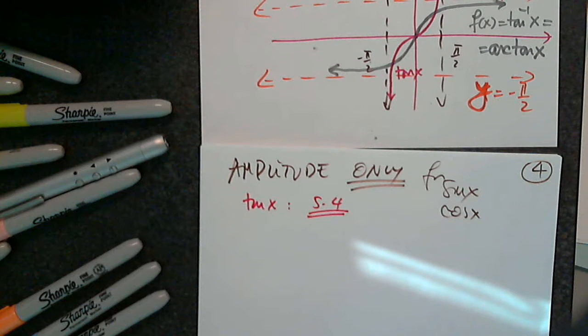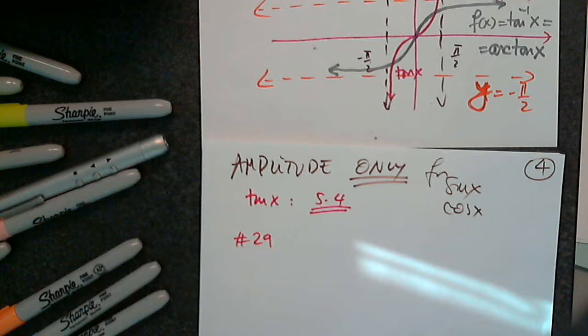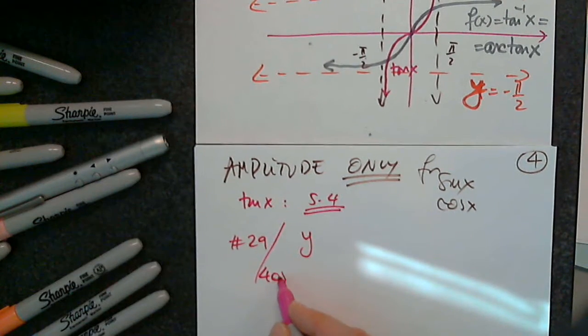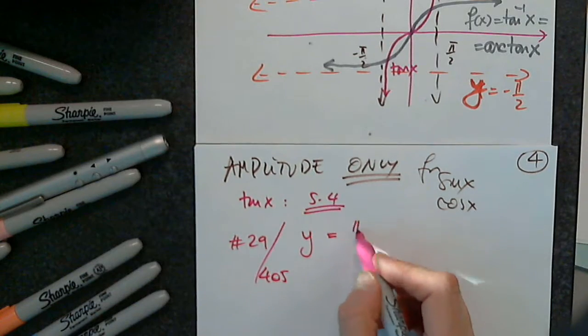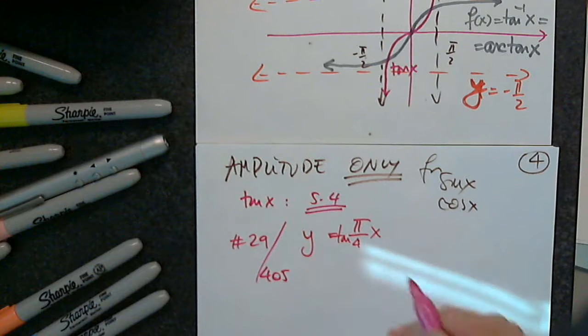Okay, let's say we want to look at 29. I would like to look at some graphs. This is on page 405: y equals tangent pi over 4x. Here we are asked to find the period and graph the function.